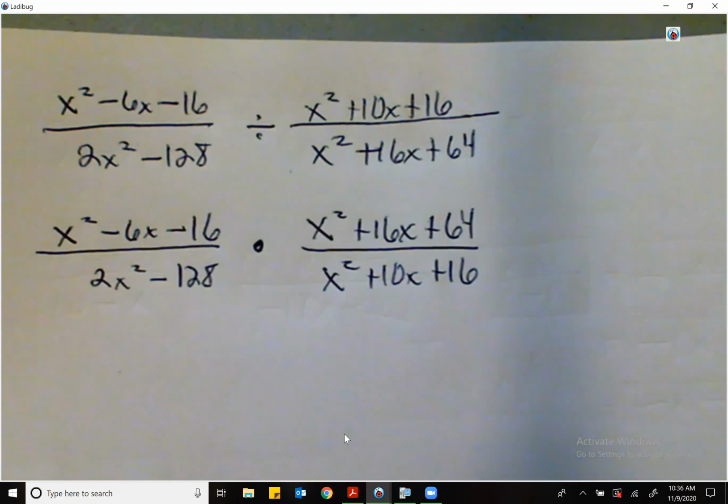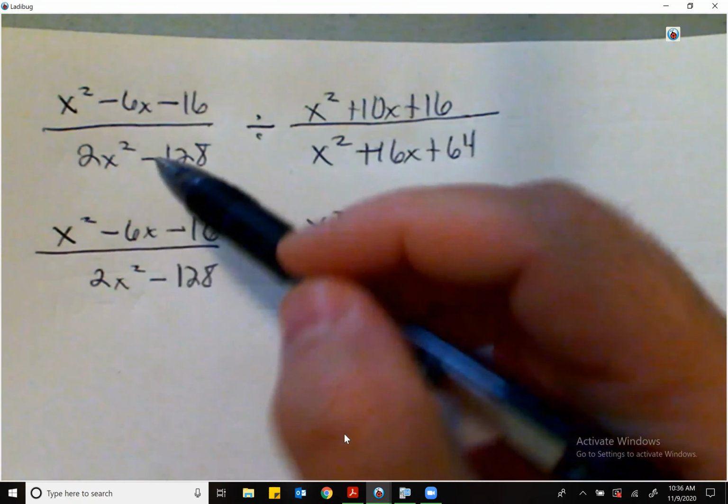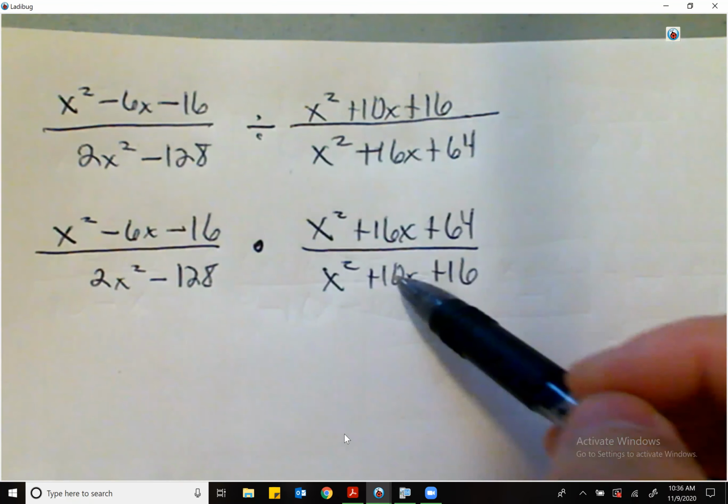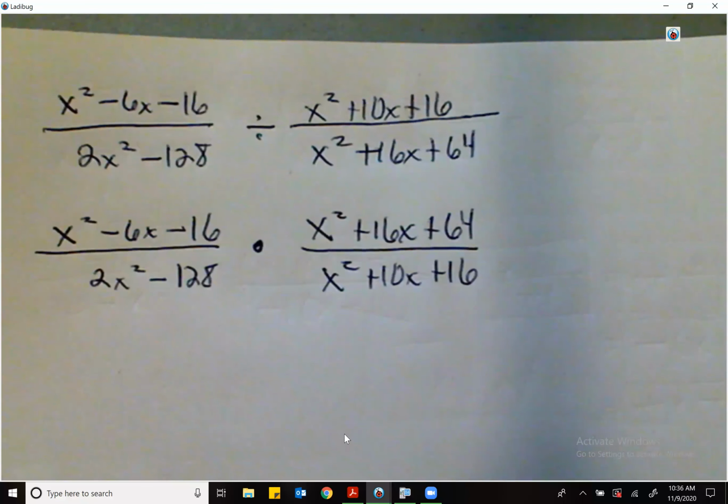So we did keep, change, flip. What are we going to do now, once I have kept the first fraction, changed the sign, and flipped the second? We factor them. You got it.